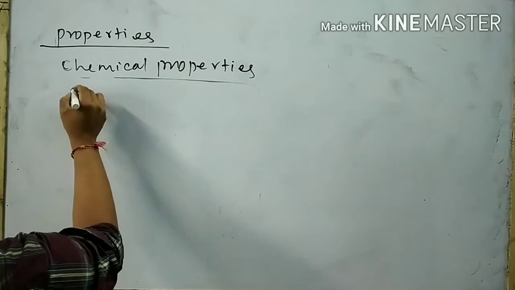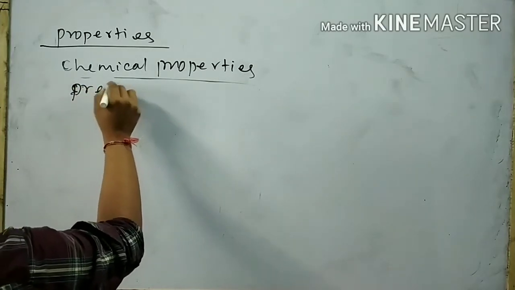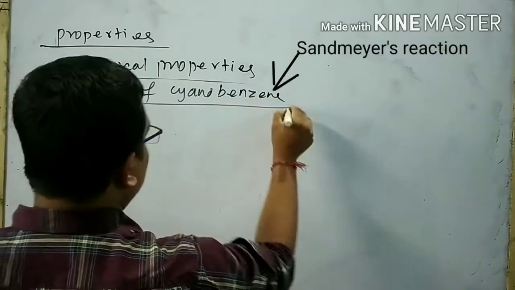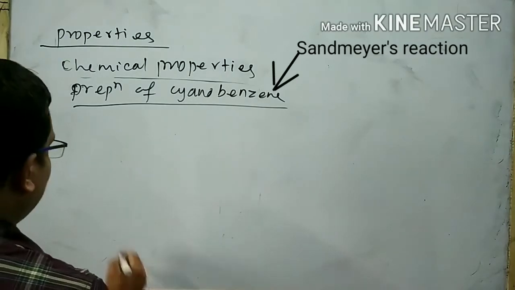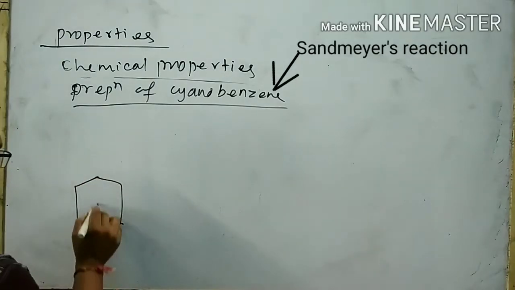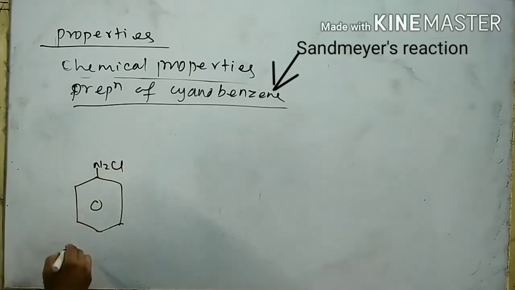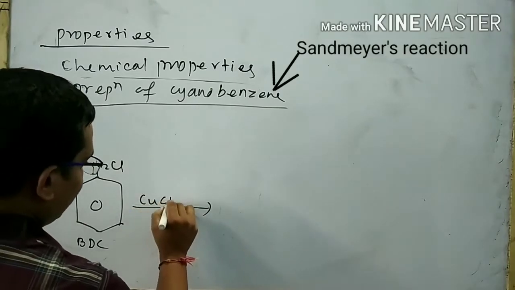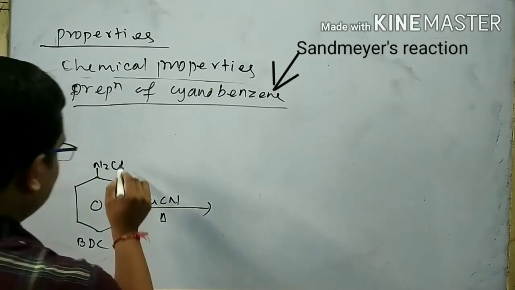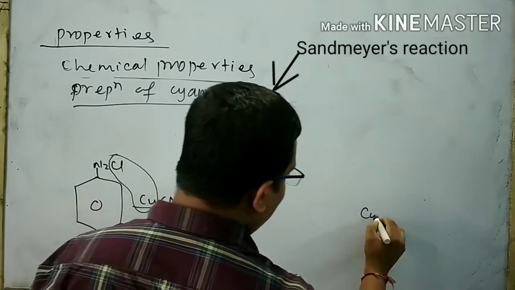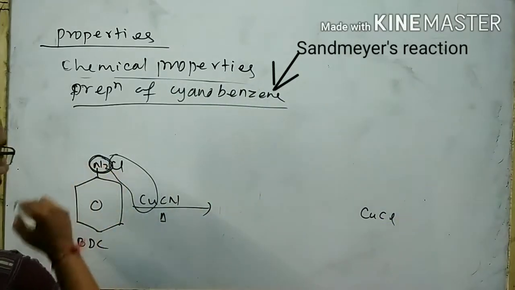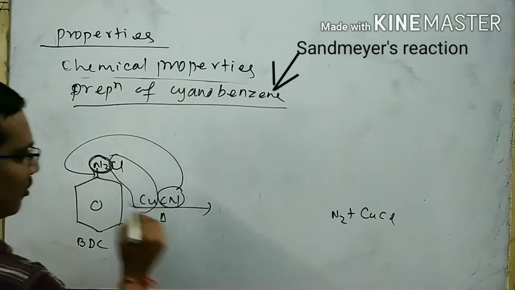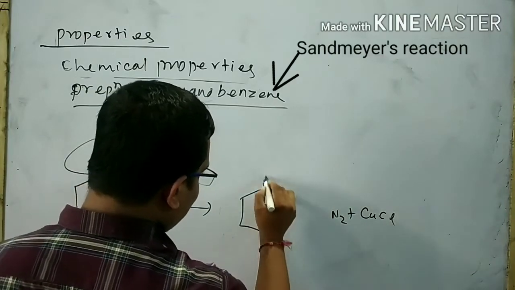Now I will discuss the preparation of cyanobenzene. For the preparation of cyanobenzene, we need the BTC. This is the structure of BTC. It is subjected to heating with the CuCN. Then what will happen? CuCl is produced as the byproduct, and another byproduct is your nitrogen, and this CN will attach here to form the cyanobenzene.